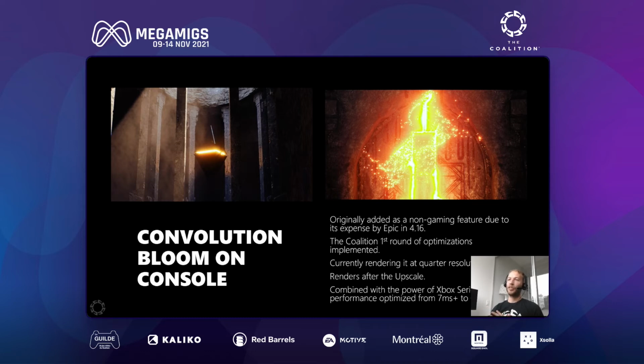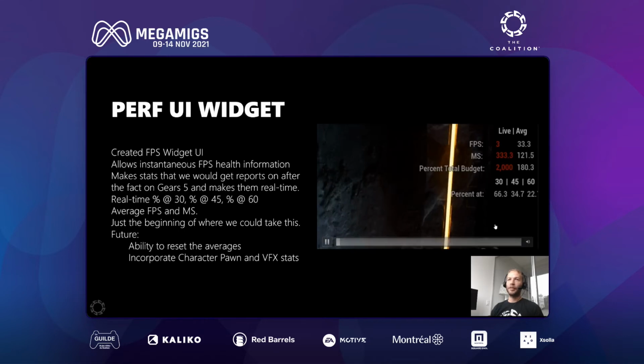With some optimizations, it's at around 0.3 milliseconds and super viable. I believe this is now enabled on console in the newer versions of UE5 by default, and it's not something you have to modify code to do, which is good news for everybody. But yeah, really love the look you get. And you can see here on the particles coming off the door that you get these star patterns coming off the particles. That's all convolution bloom as well, which is fantastic.